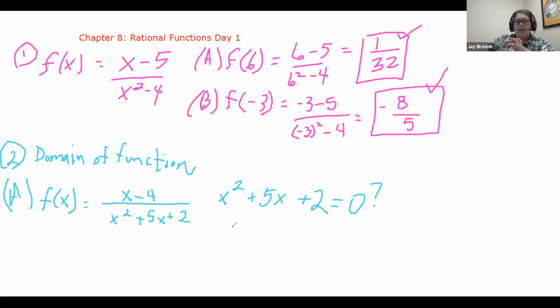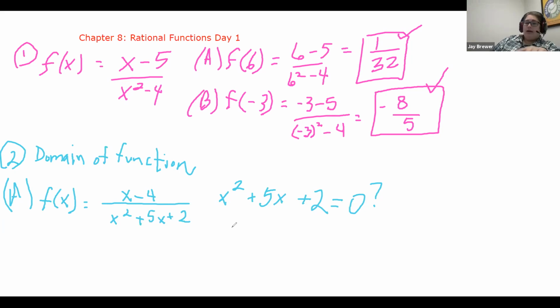So looking at that, just taking a guess, do you think we're going to be able to factor it, or do you think we're going to have to use a different approach? Well, if it's not supposed to equal 0, you shouldn't factor it.